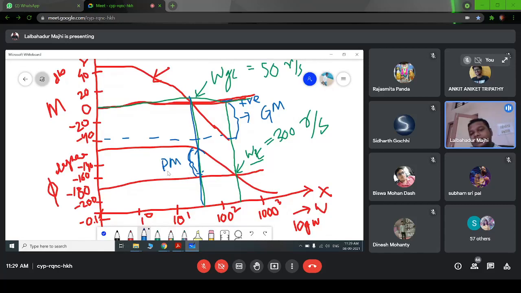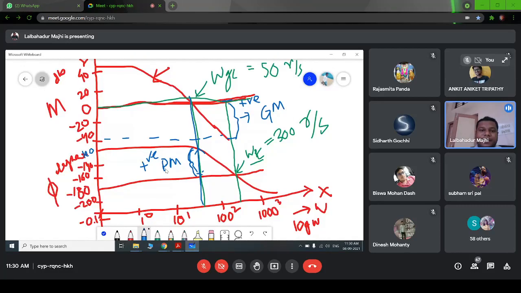According to the definition, the phase margin is the amount of additional phase lag that is required to make our system unstable. So that means we have to add this much of phase lag. Suppose this line is 120 degree, then this will be a positive phase margin.